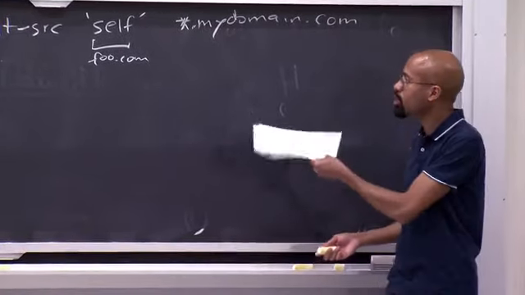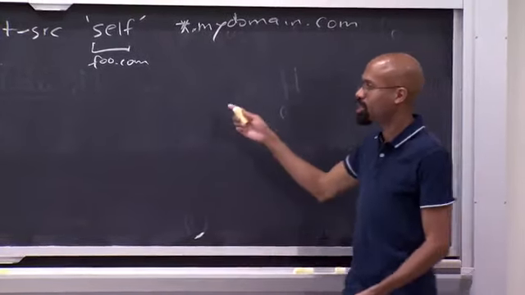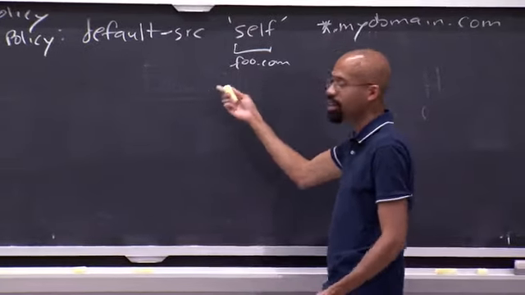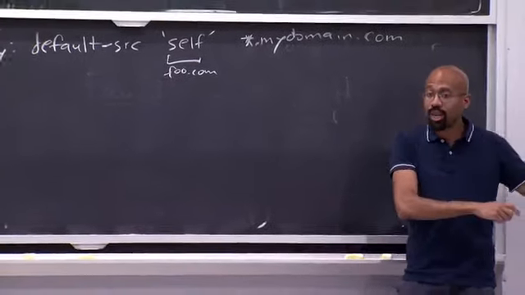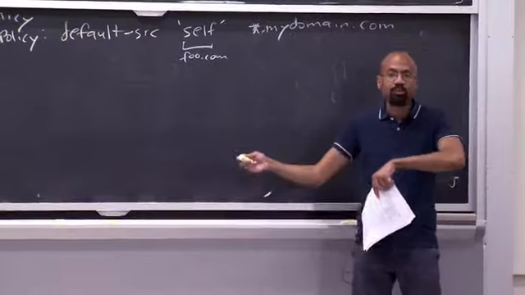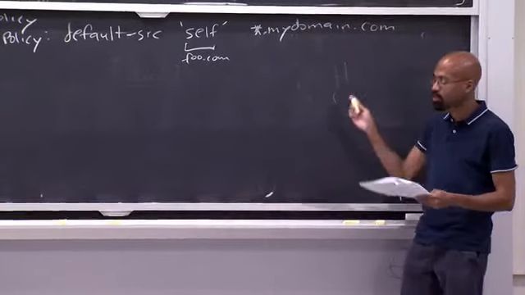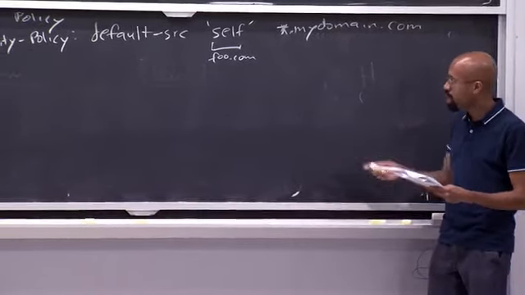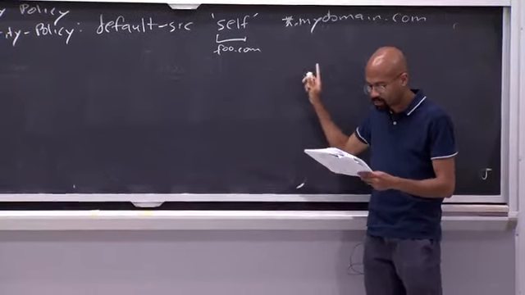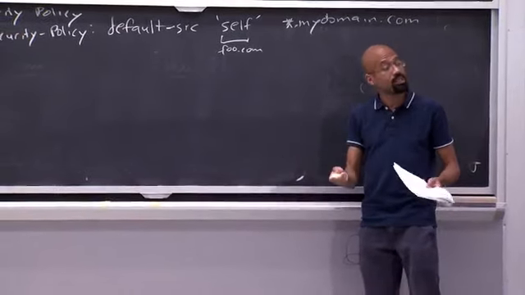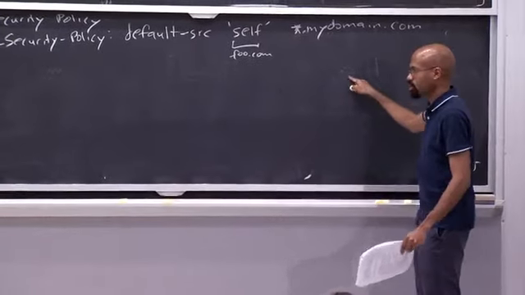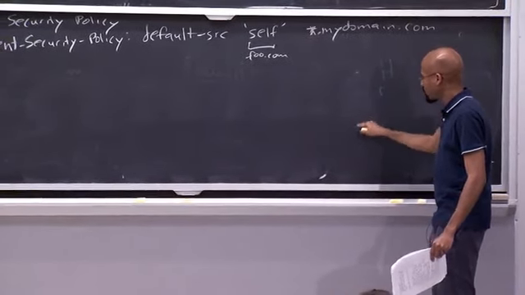Right? So this is actually a pretty powerful mechanism. And you can actually specify more fine-grained controls here. You can say, my images should come from here, my script should come from here, and so on and so forth. So this is actually pretty nice. And one nice thing about this too is that it prevents inline JavaScript, right? So you can't have a script tag and then some literal JavaScript and a close script tag.